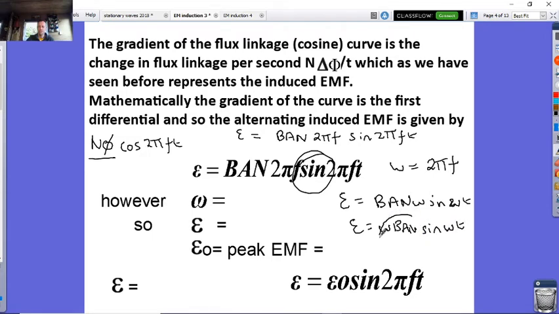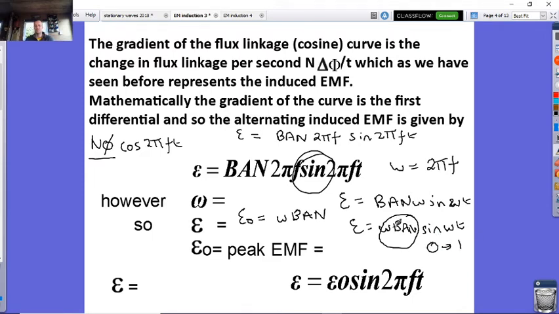But this is the bit I'm interested in. That one really makes sense, that is what the peak EMF is. Therefore, we say the peak EMF, the E naught, equals omega BAN, because that's the maximum value this can be. Sine omega t goes from a range of 0 up to 1.